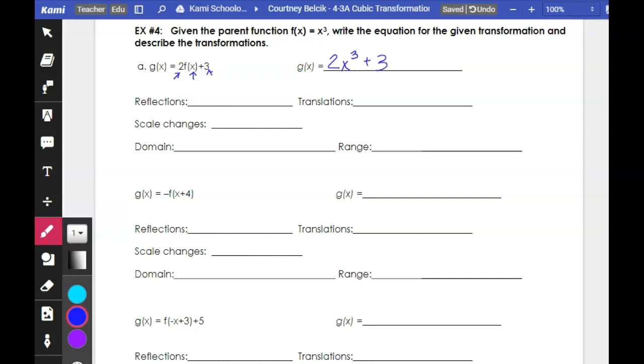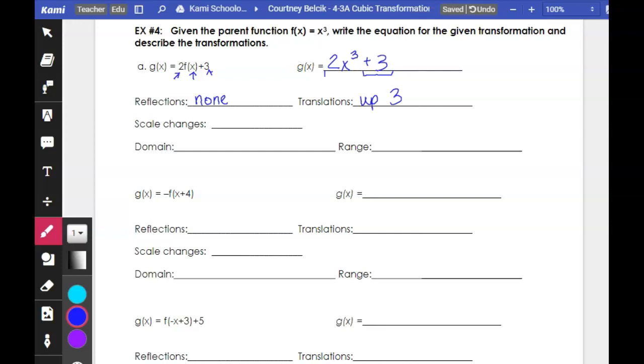So we've rewritten this in a way that a graphing calculator might be able to see it. There's no negatives, so there's no reflections. Translations, there is some adding and subtracting. If I have +3 at the end, that means that I'm shifting up 3 units. So I'm going to say up 3. Scale changes, am I multiplying by anything?